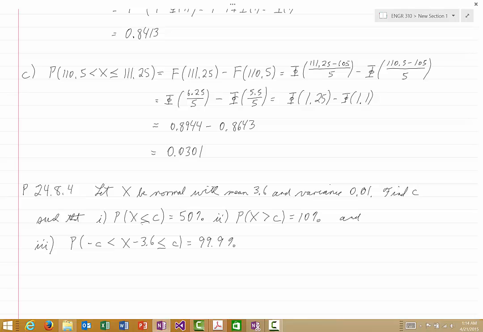What I had done before was I had copied part of the problem from 24.8.3 and part from 24.8.4, but now I believe I have this all correct.